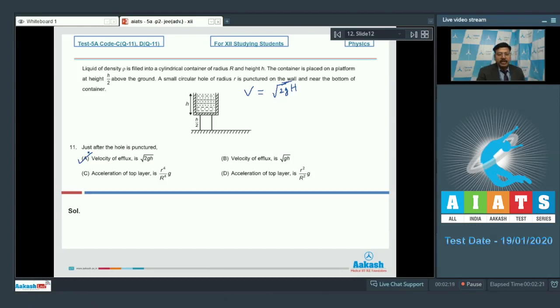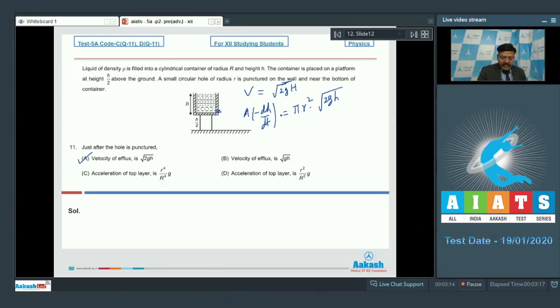Now for this we can apply the equation of continuity, equate the volume flow rate. So that means we have, if this height is, let's say, h, and of course the hole has been made here, we can see that capital A into minus dh by dt will be equal to the volume flow rate, minus sign because h is decreasing with time, is equal to area of the hole, which is pi small r square, because the radius is smaller, into the speed of efflux, which is root 2gh.